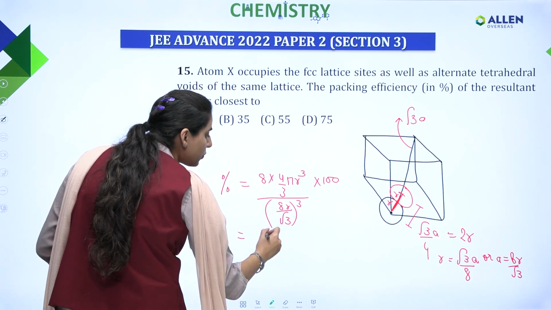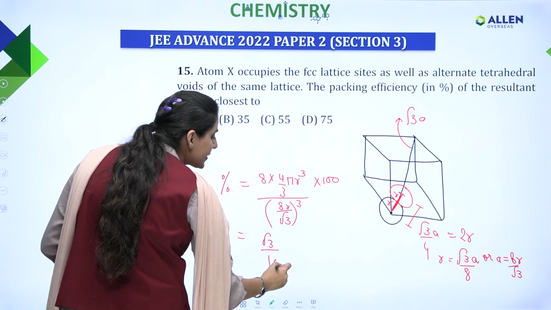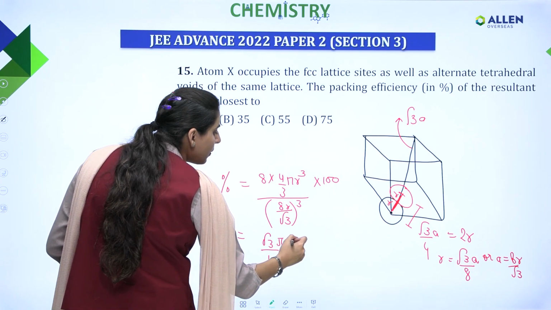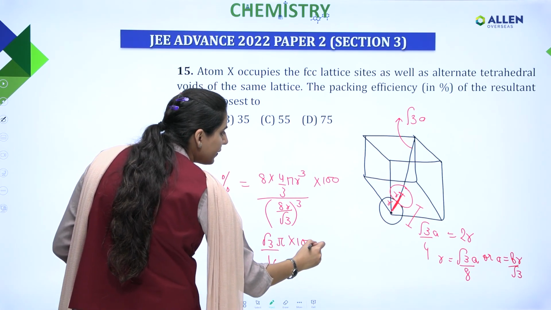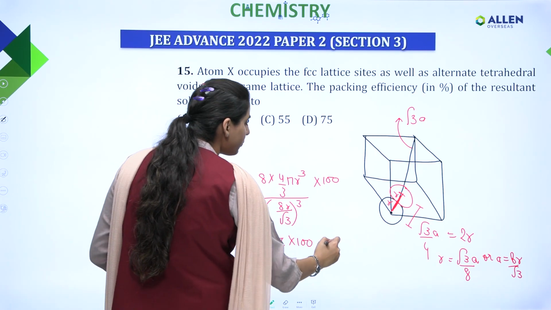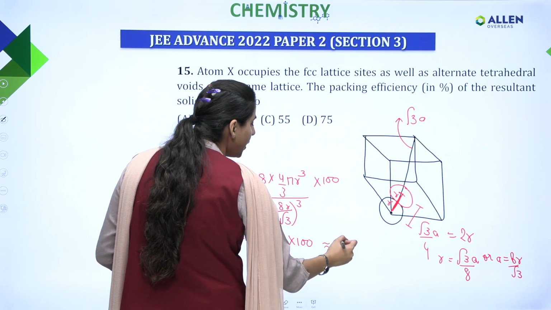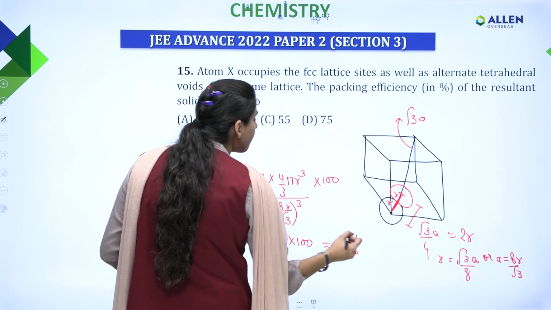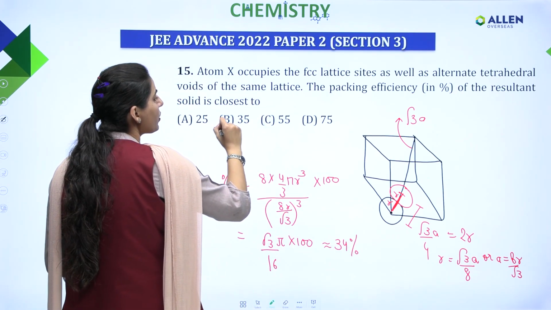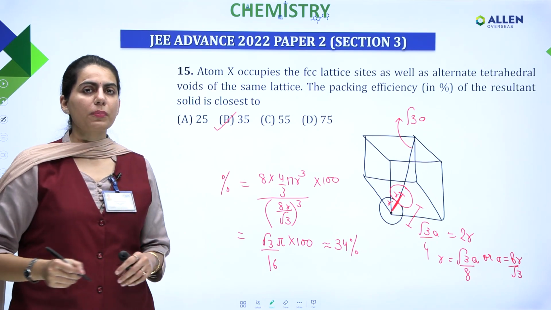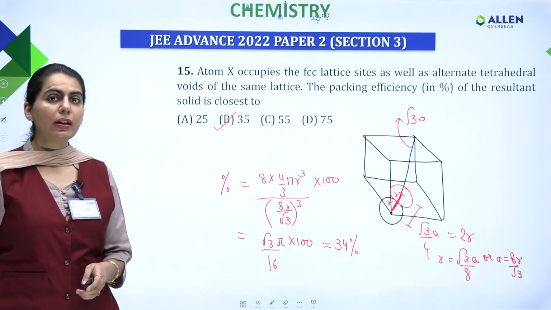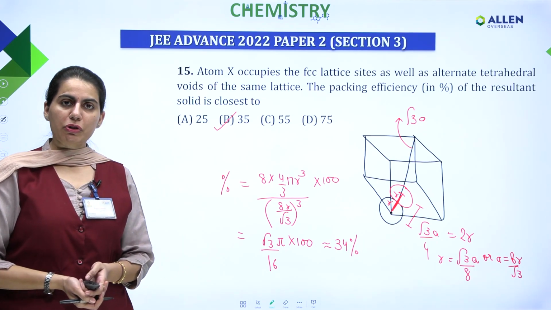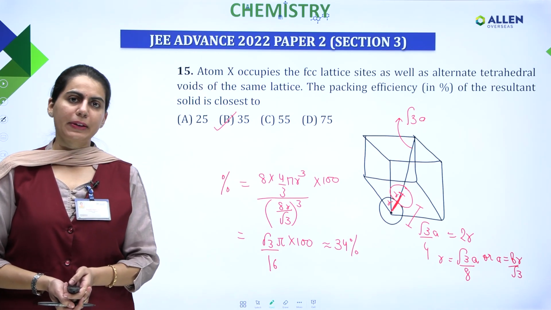So it will look like √3/16 pi multiplied by 100. Therefore, if you solve this, you will get an approximate answer of 34%, which is closest to 35 from the given options. Therefore, for this particular question 15, your answer is second.